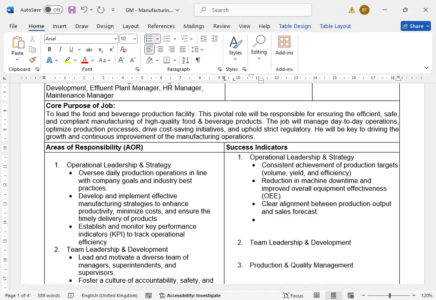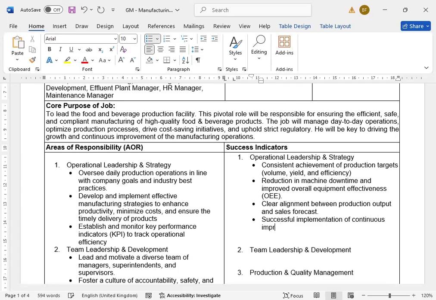Okay. Successful implementation of the CI. Okay. Continuous improvement. You know, in our company, we just say CI, everybody understands. That is continuous improvement.